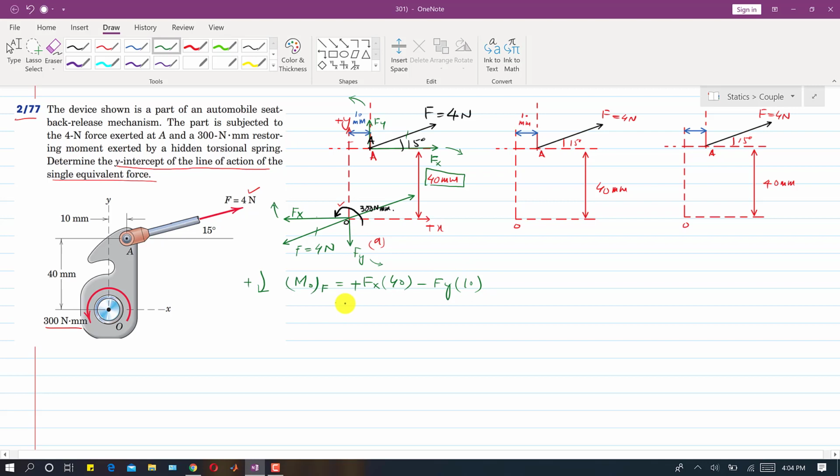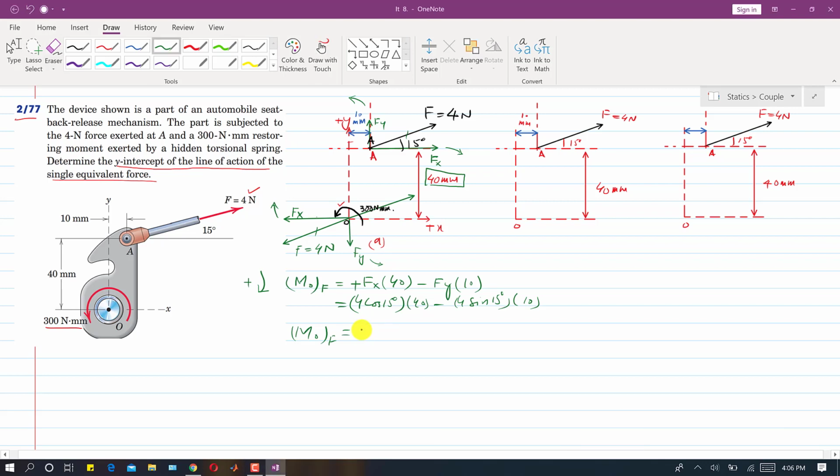So F of x, the angle is made with the F of x, so it is F cos theta. F is 4 Newton, so it is 4 cos 15 degrees into 40, minus 4 sine 15 degrees into 10, right? So when we solve this, we will get the moment about O due to the given force.